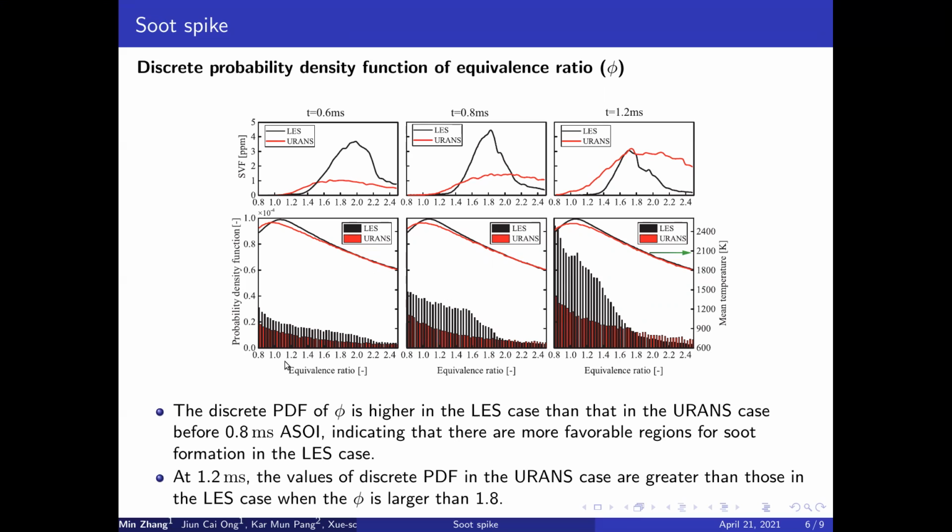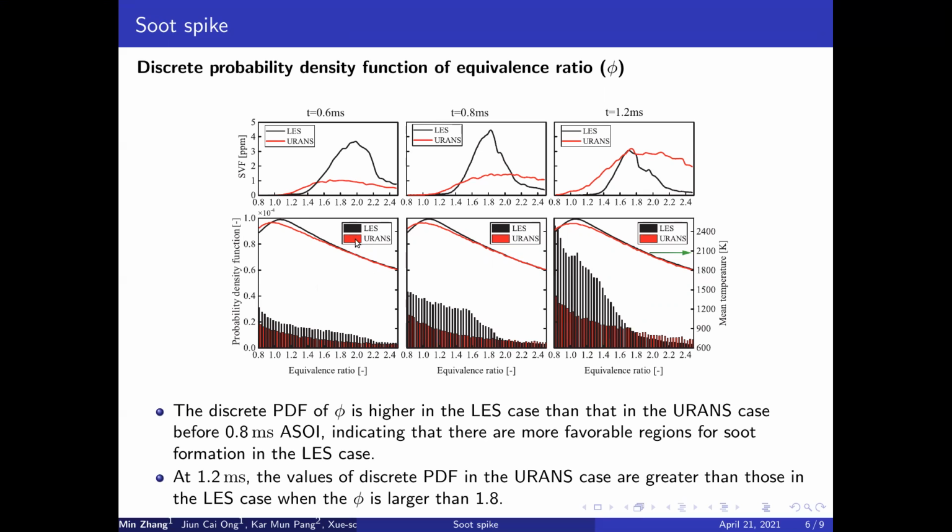As we can see, the discrete PDF of phi is higher in the LES case than that in the URANS cases before 0.8 millisecond after start of injection.